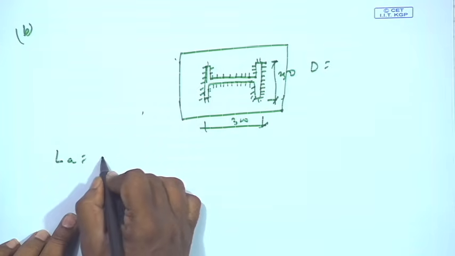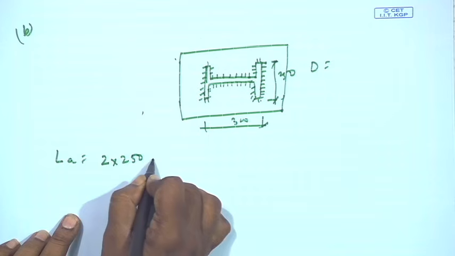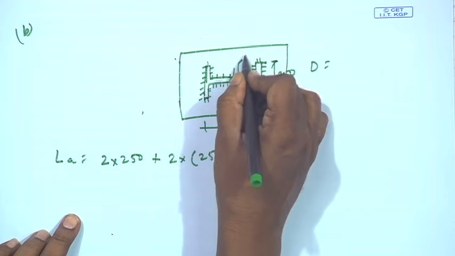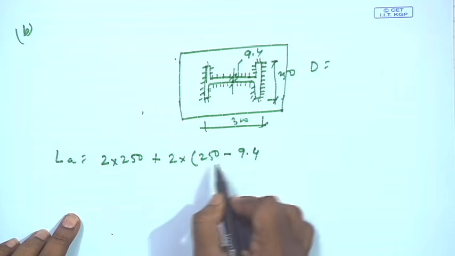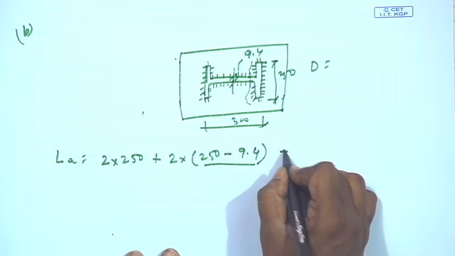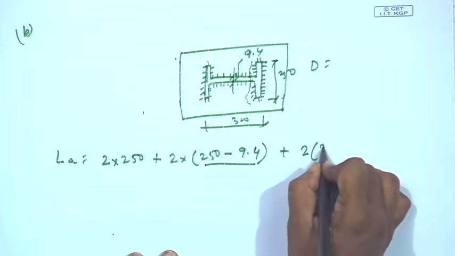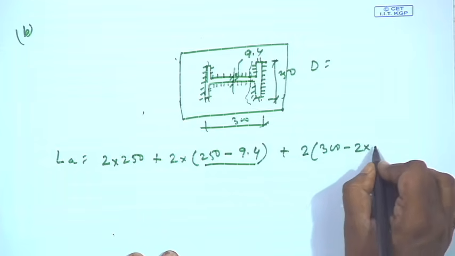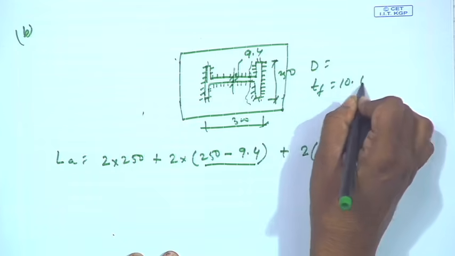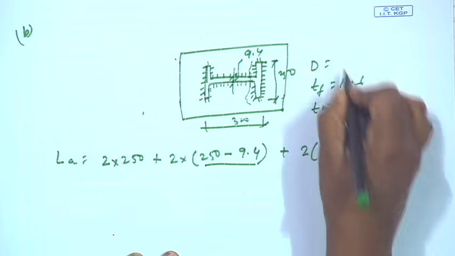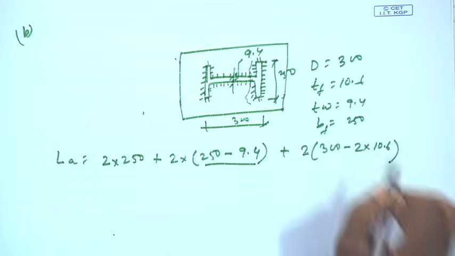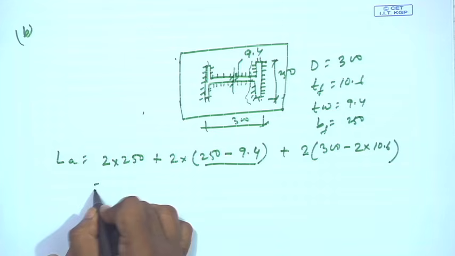So, L A will be 2 into 250 minus 2 T W, that is 9.4, plus 2 into 300 minus 2 into flange thickness T F, that is 10.6, because T F is 10.6 and T W is 9.4, and B F is equal to 250.